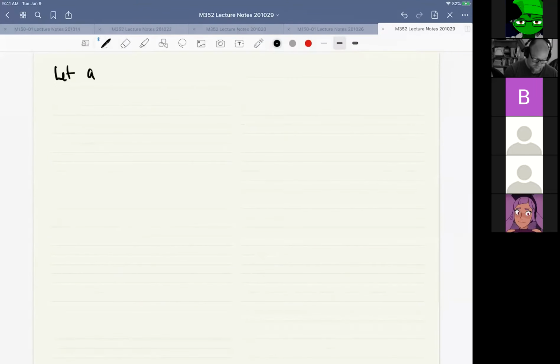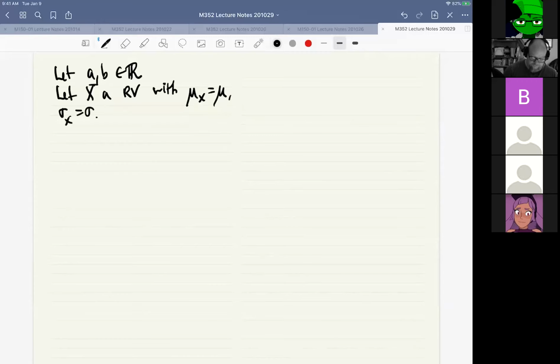So let A and B be real constants. And let's let X be a random variable with mean mu and standard deviation sigma.